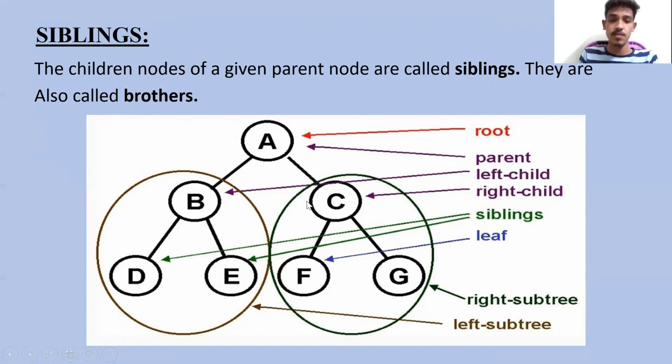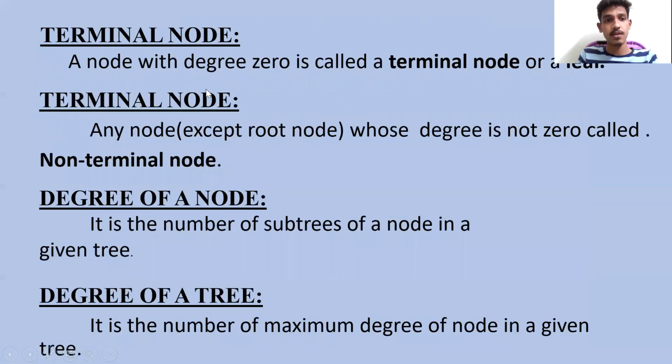So they are all siblings. And for B, D and E are children, so we call them siblings. And F and G are children of C, and we call them siblings.